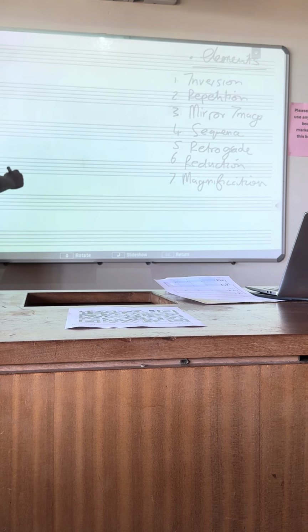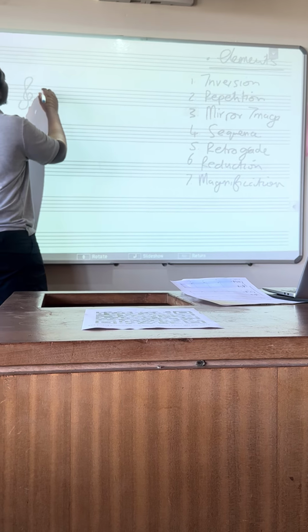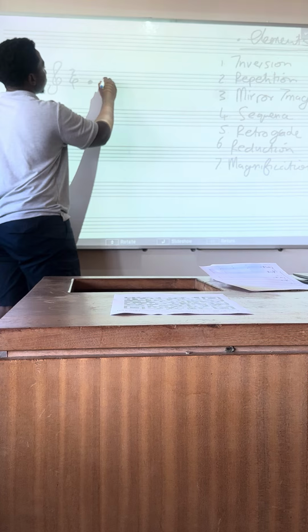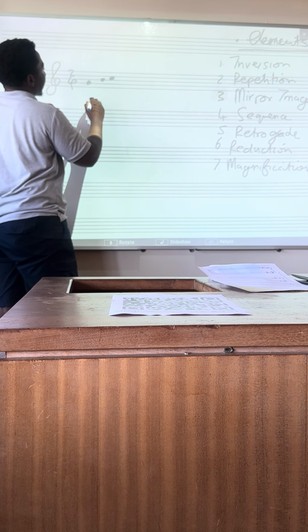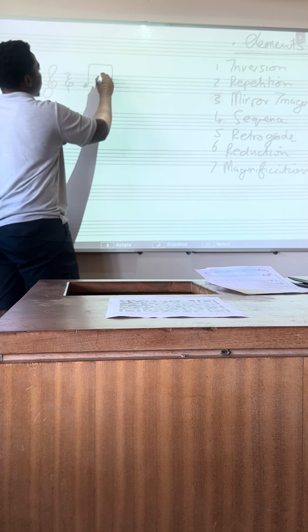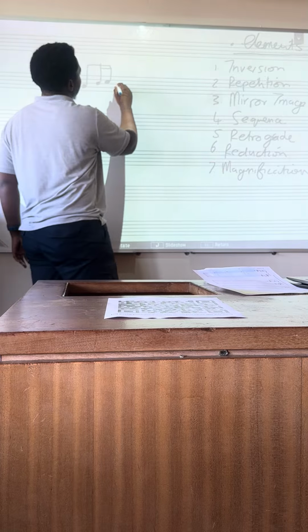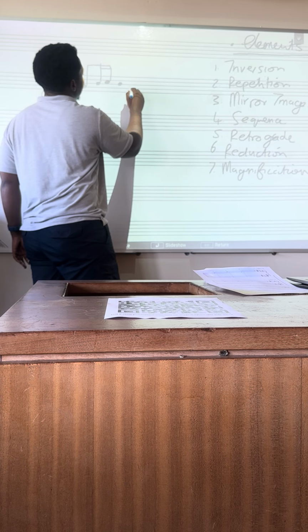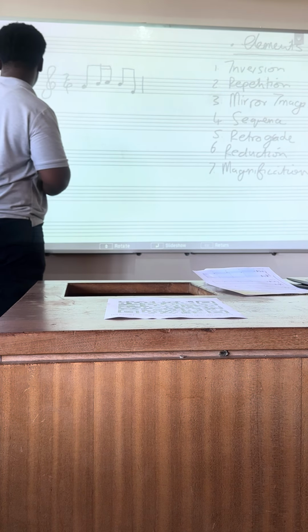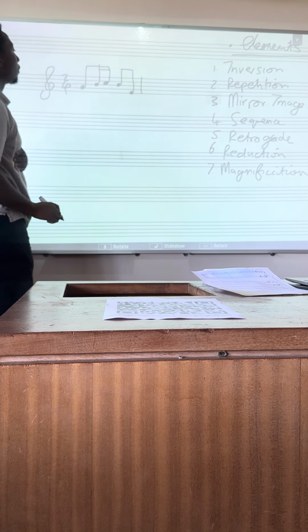So an example of inversion is, let's say you have 2/4 time: G, B, C, G, B, C. So they ask you, please write a response to this that's inverted.